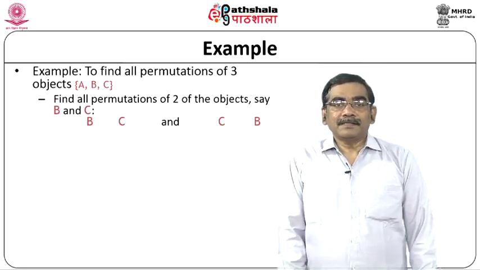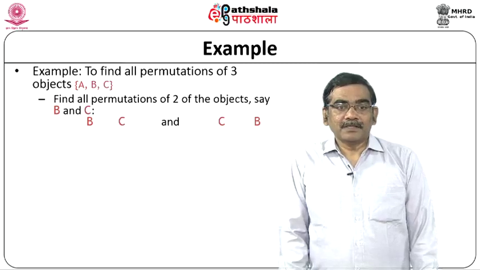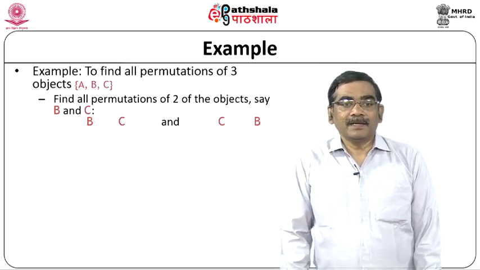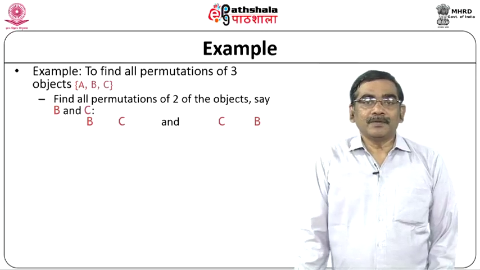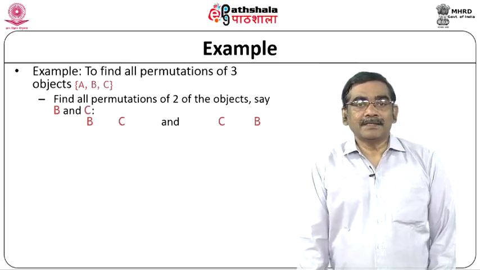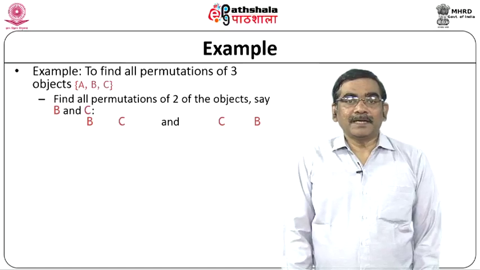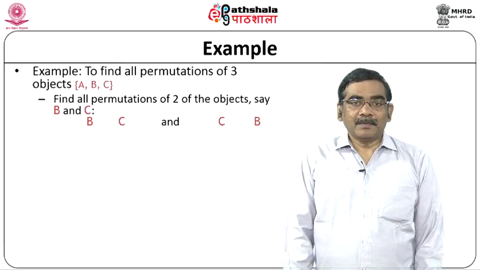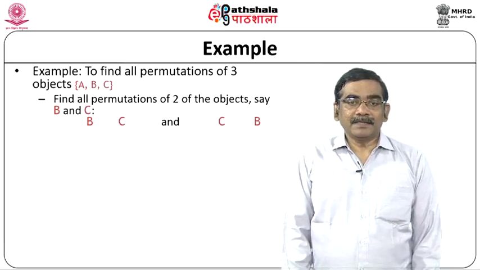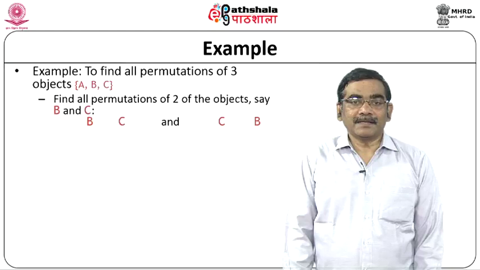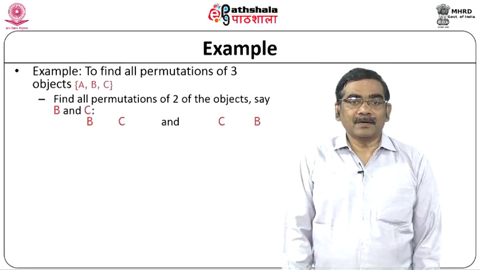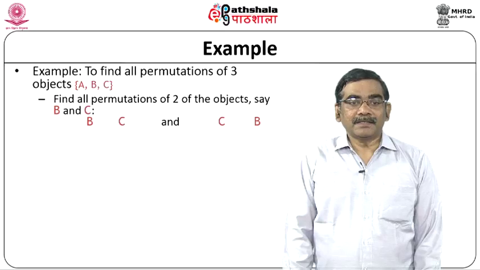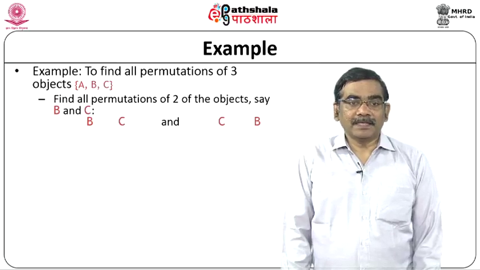The problem instance 3 is reduced to problem instance 2, that is, generating permutations for B and C. We know very well that the permutations of 2 objects A B are AB and BA. Therefore, the permutations of the 2 objects B and C are BC as well as CB. Now we have the remaining object, that is the nth object, A.